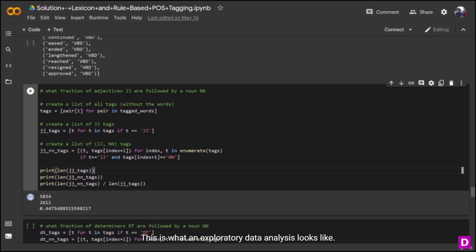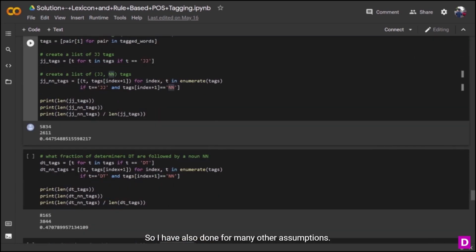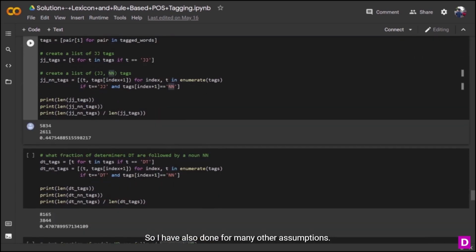This is what exploratory data analysis looks like, right? We try to understand the text corpus more and more, and with our understanding we try to clarify certain things. That is what we tried by answering this question: what fraction of adjectives are followed by a noun. I have also done this for many other assumptions.